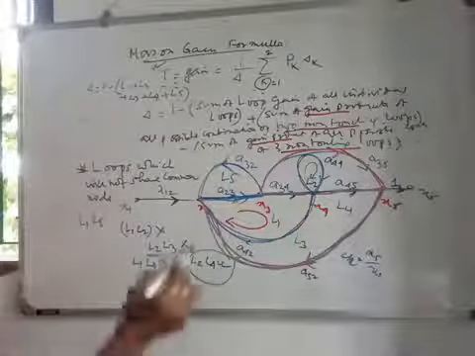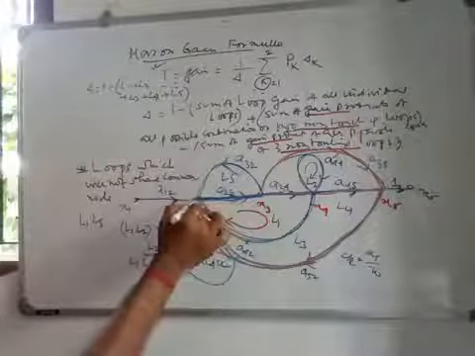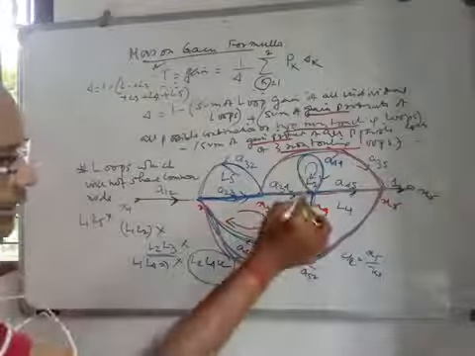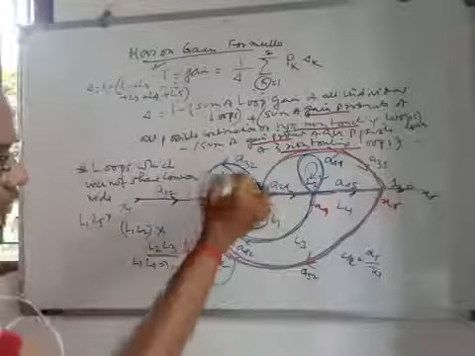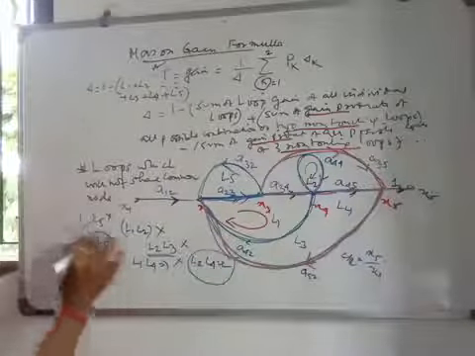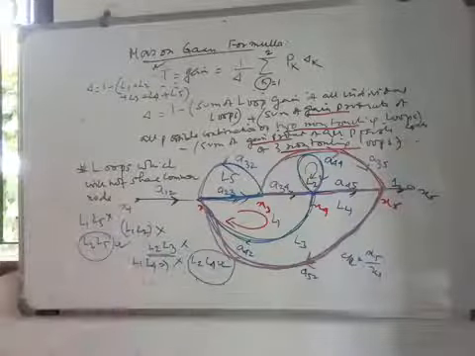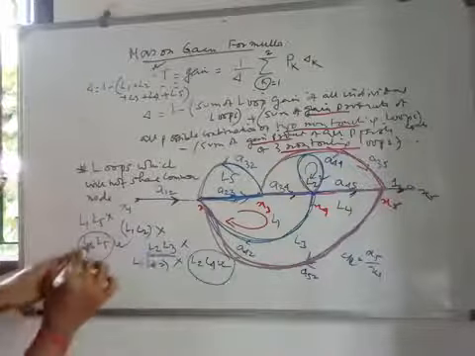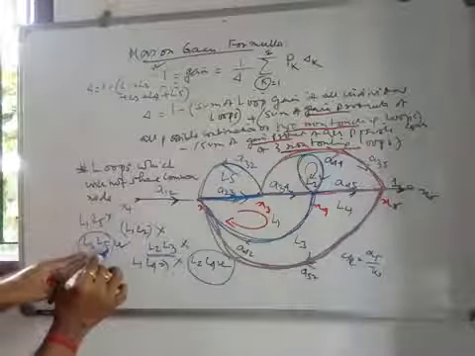L1 and L5 share a common node, so it's not possible. L2 and L5: they are not sharing a common node. So L2 and L5 will be a possible combination of two non-touching loops.